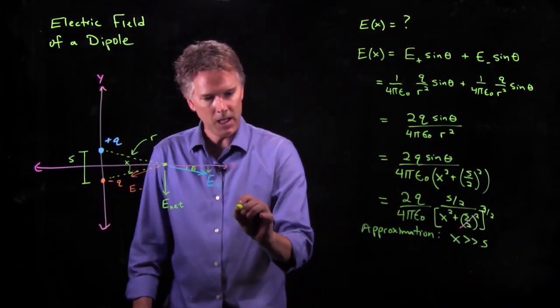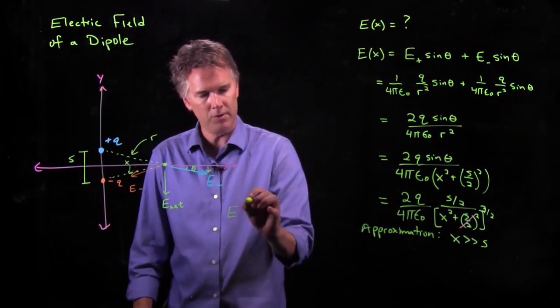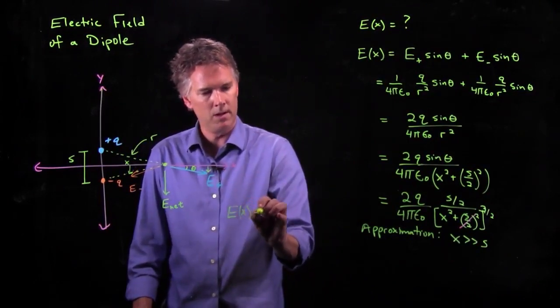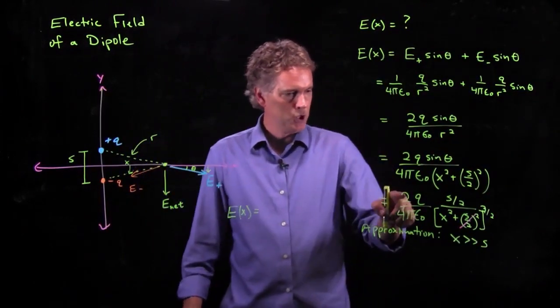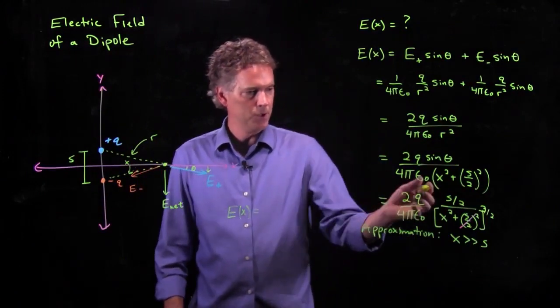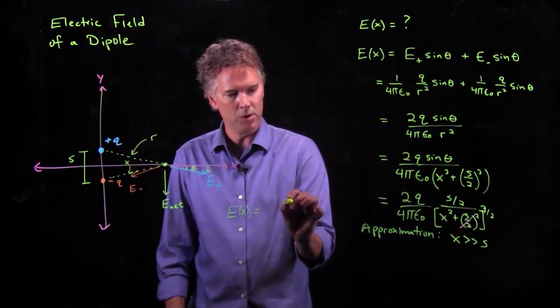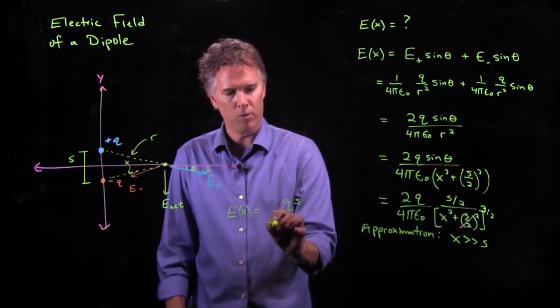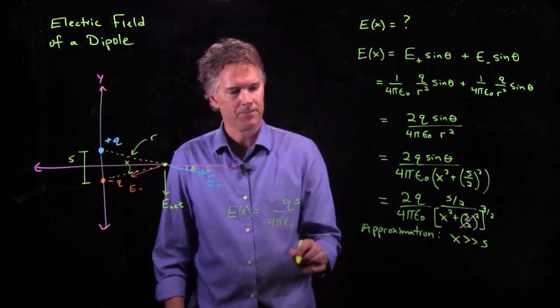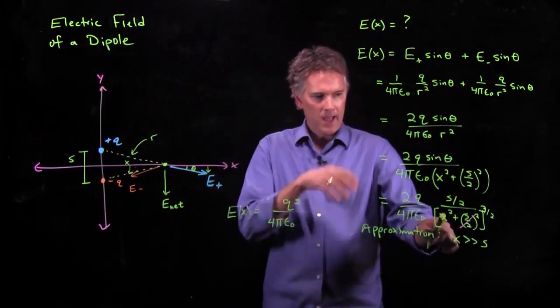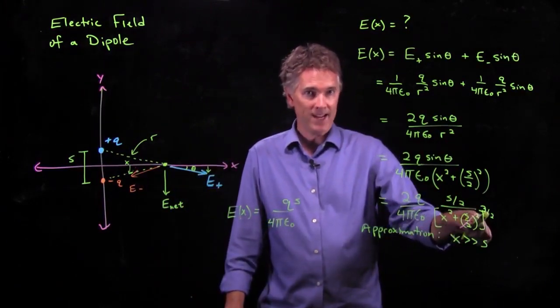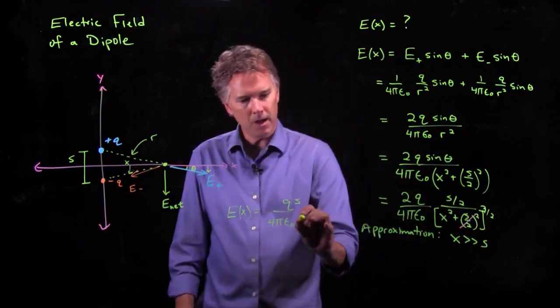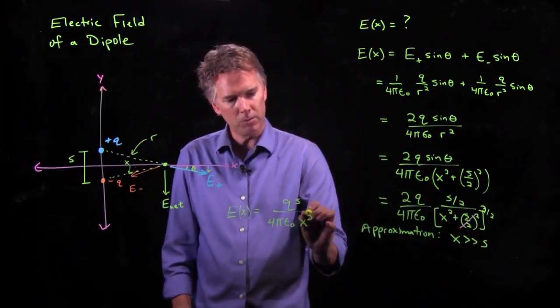We get E at this position x is equal to 2q times s over 2. The 2's go away, and this just becomes q times s divided by 4 pi epsilon naught. x squared raised to the 3/2 becomes x cubed.